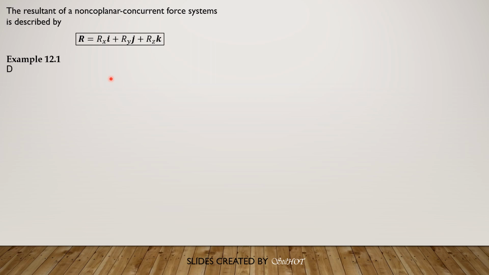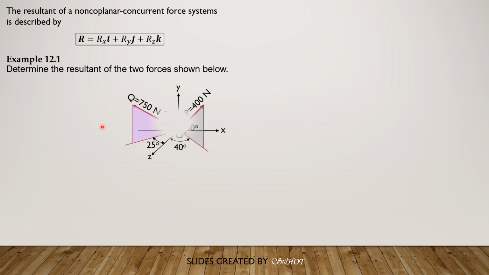So let's have this first example. Determine the resultant of the two forces shown below. The first force P is directed forward, up, and to the right, so all its components are positive. We compute first the xz component, which is hypotenuse times cosine of 50 degrees.